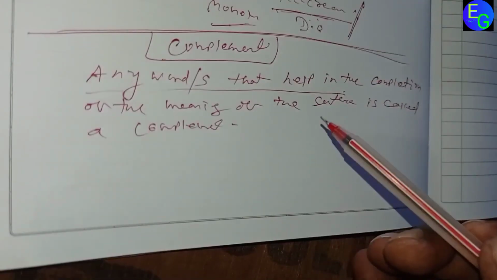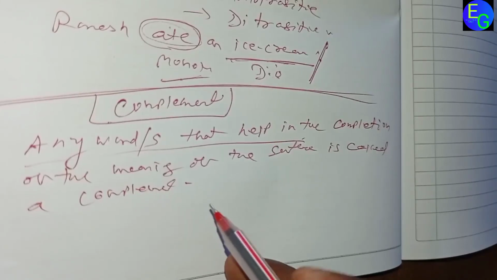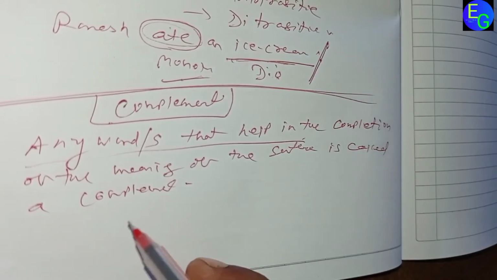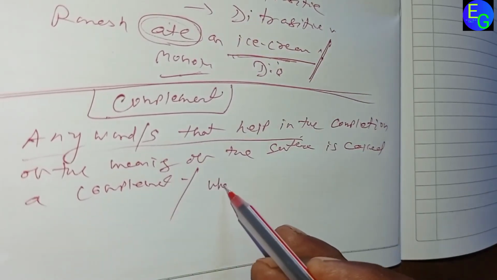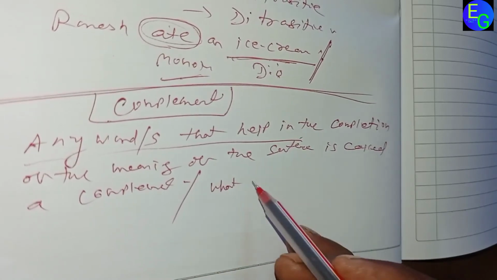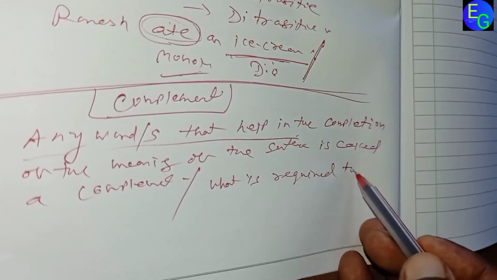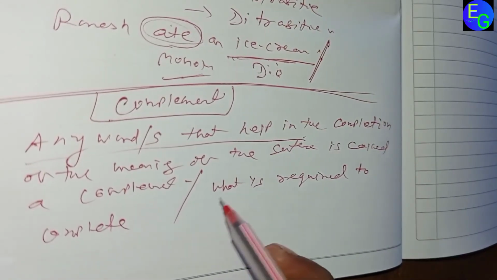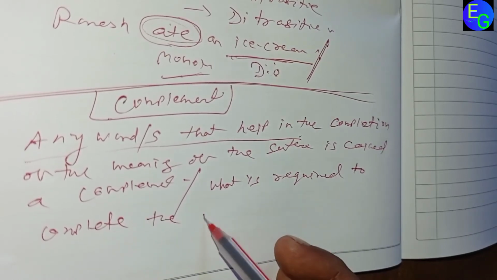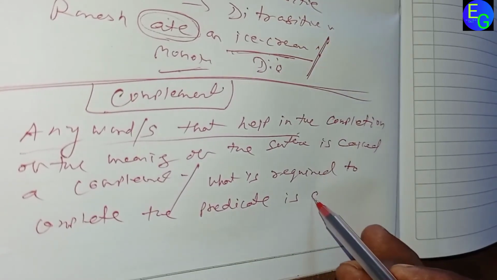Okay, some verbs, in other words, we can say what is required to complete the predicate, is a complement.